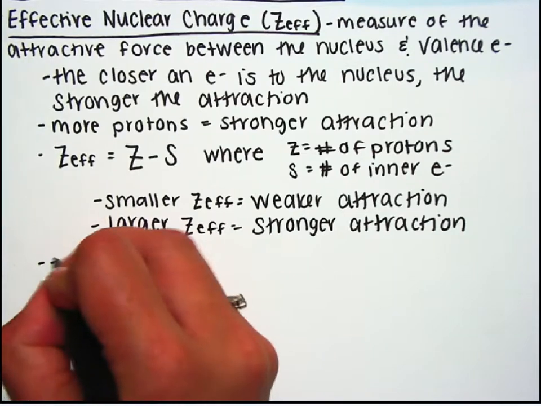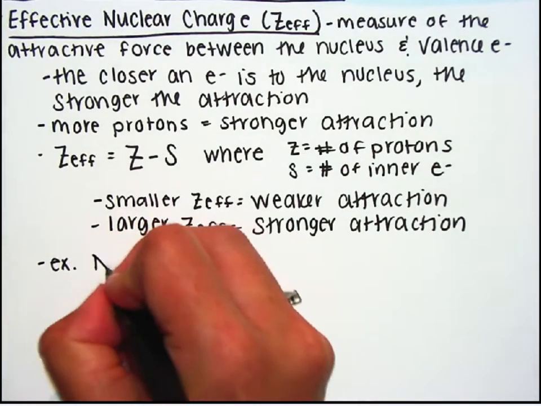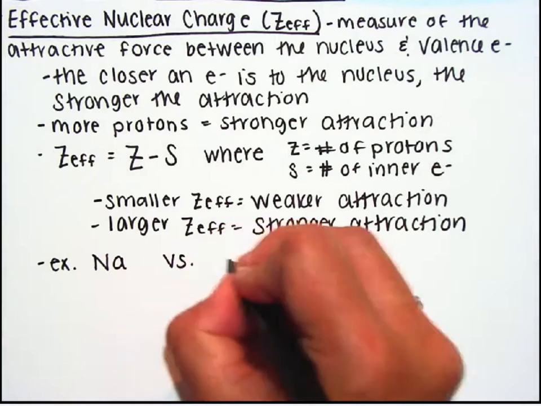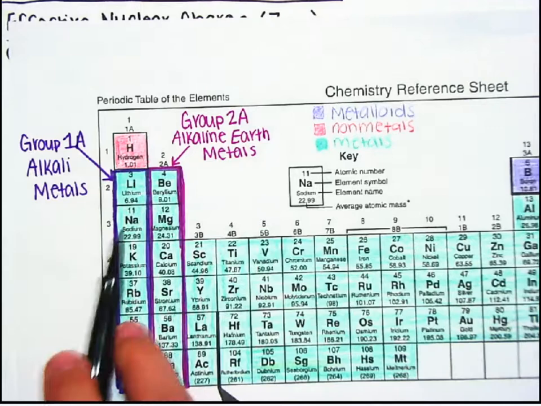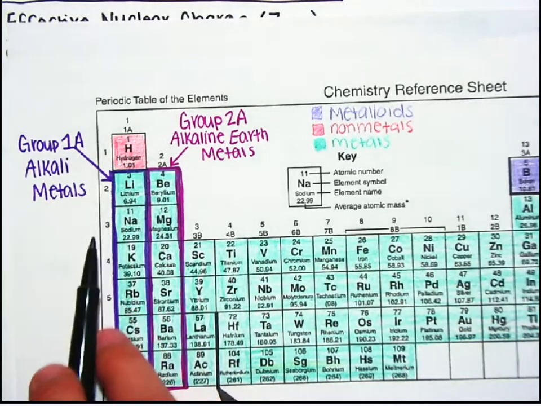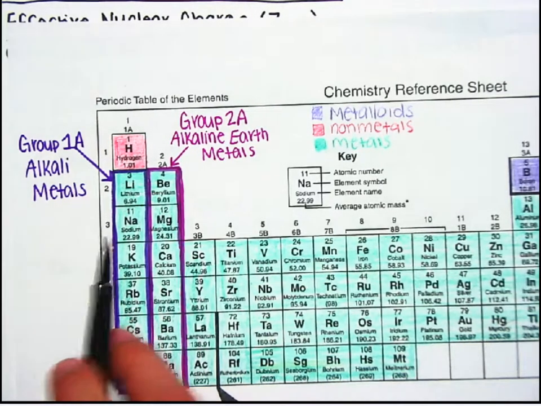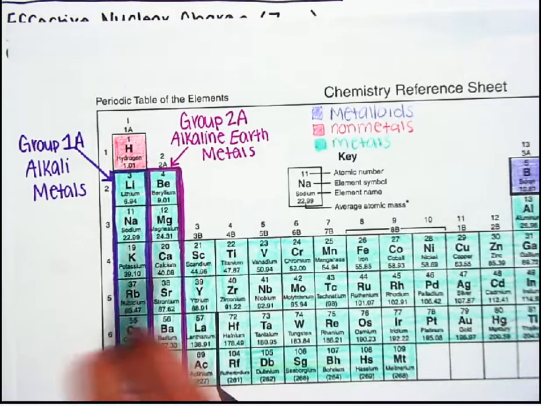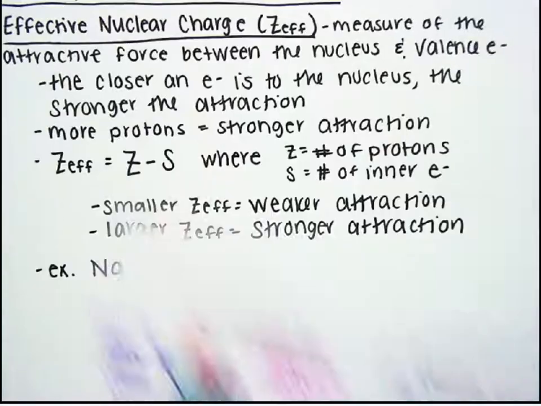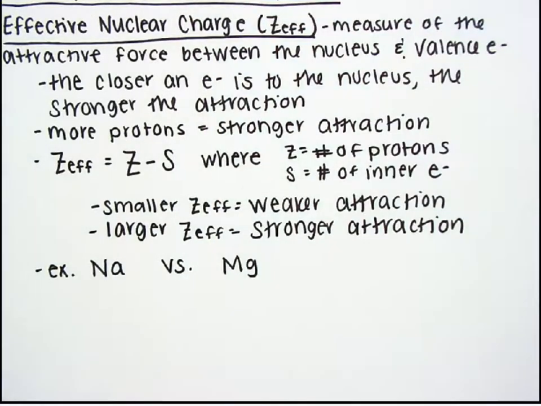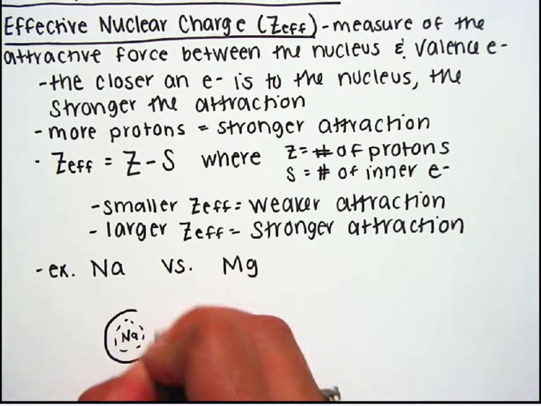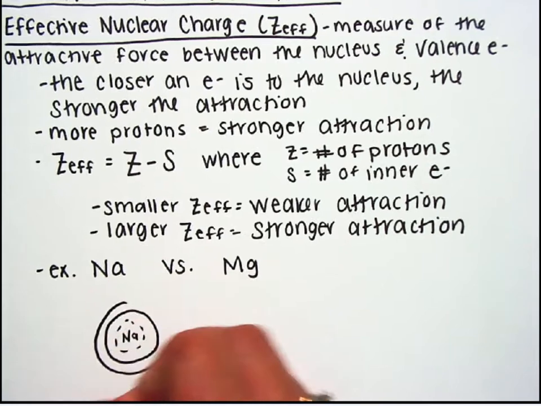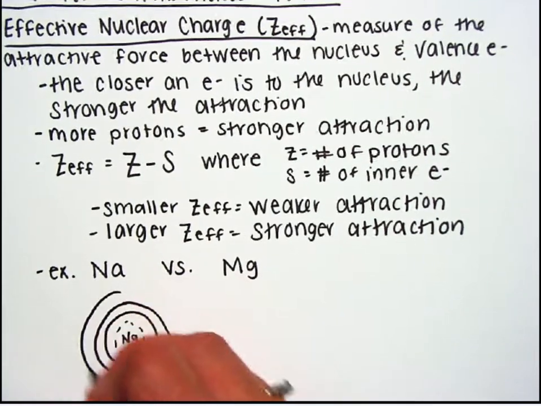So let's look at this in sodium versus magnesium. So sodium and magnesium are in the same period. They're both period 3 metals. And we're going to look at what happens as we move across the period. Since they're both in period 3, they both have 3 energy levels.